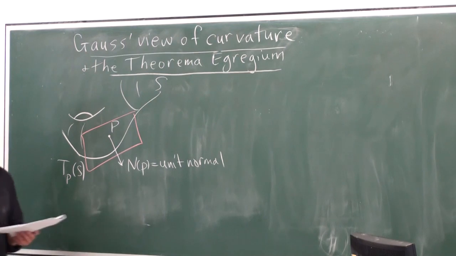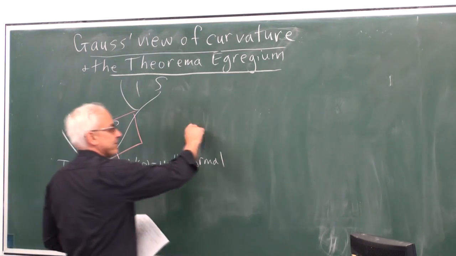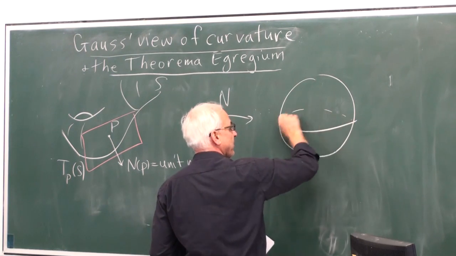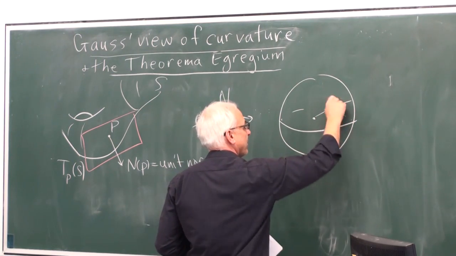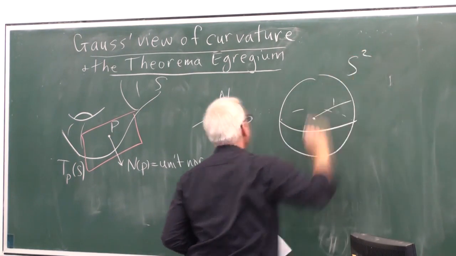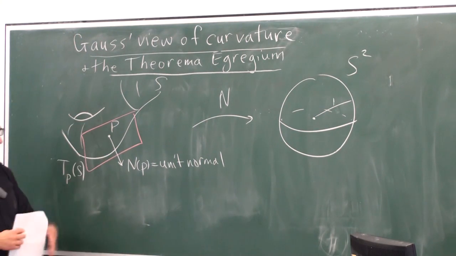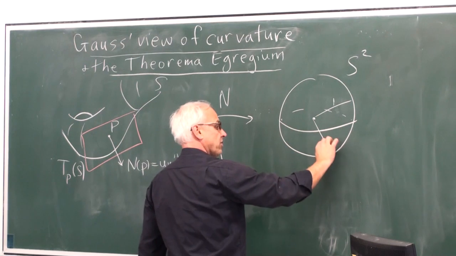And we're going to use that to define the Gauss-Rodrigues map N that maps to the unit sphere, S2. We're going to take this point P and send it to the normal direction, which we'll write like this.